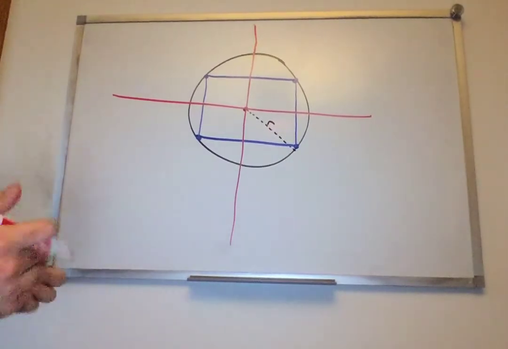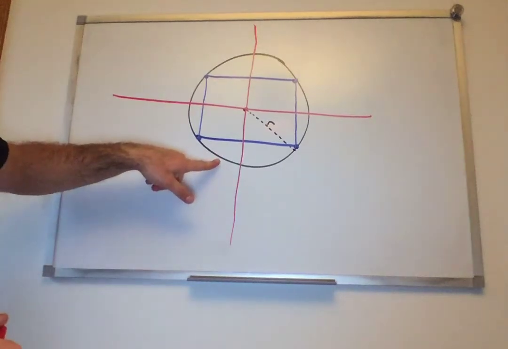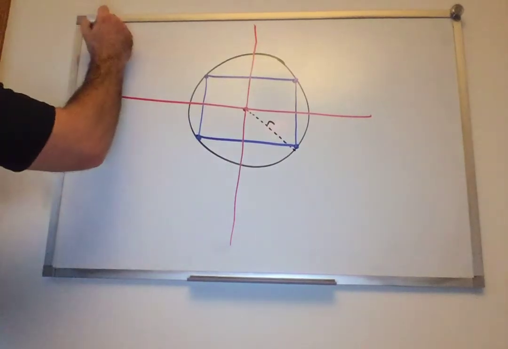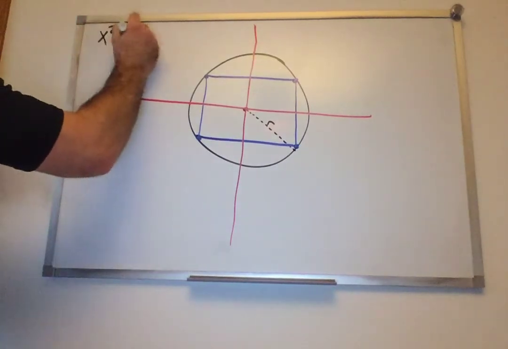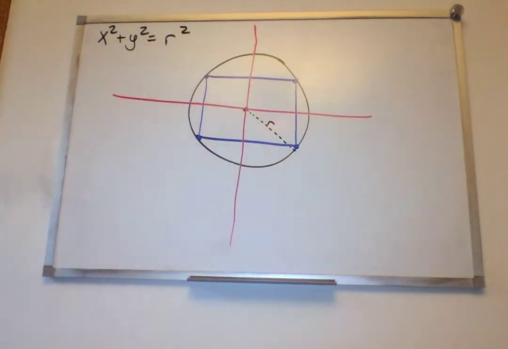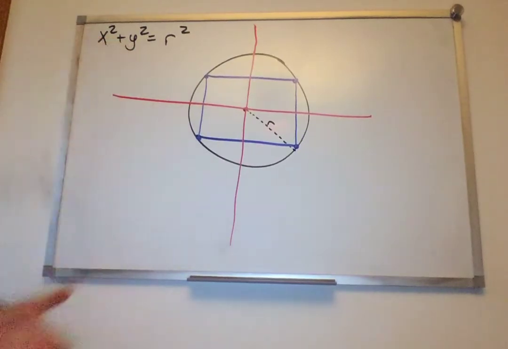All right? So now if we have a circle centered at the origin, we know the equation of a circle: x squared plus y squared is equal to r squared. Now it usually has x minus x naught, y minus y naught, stuff like that. But x naught and y naught are the origin here, so it's 0, 0. Okay?